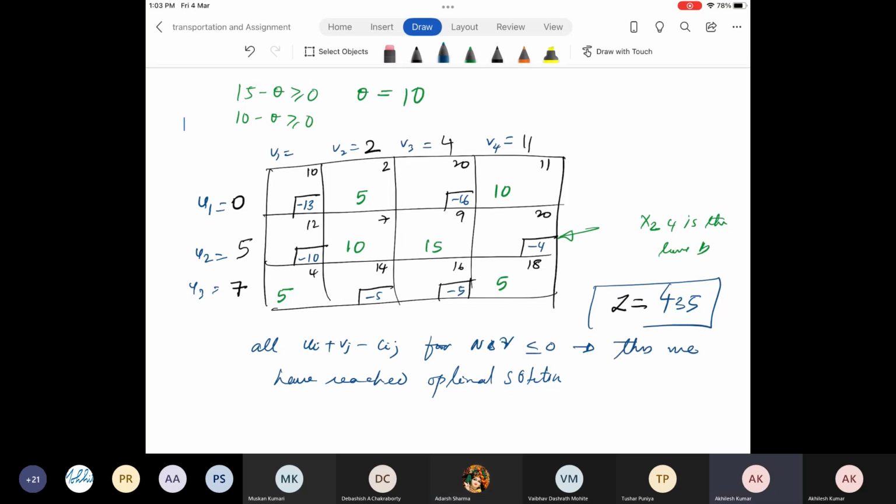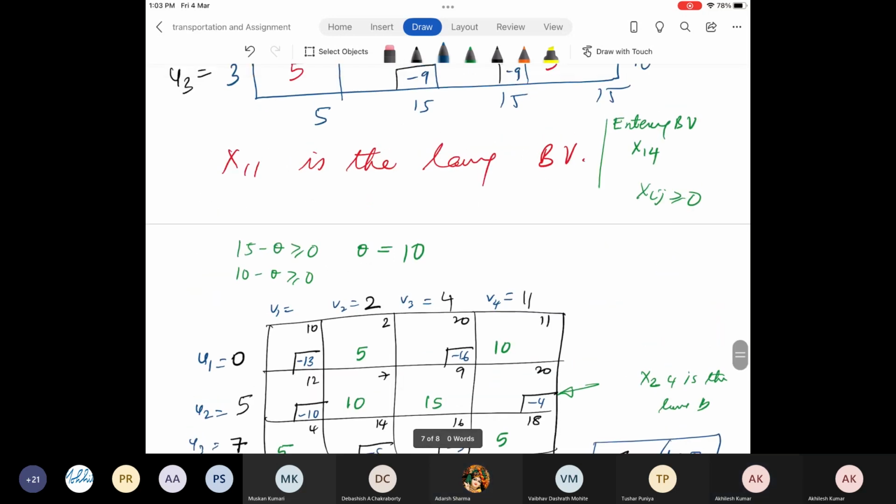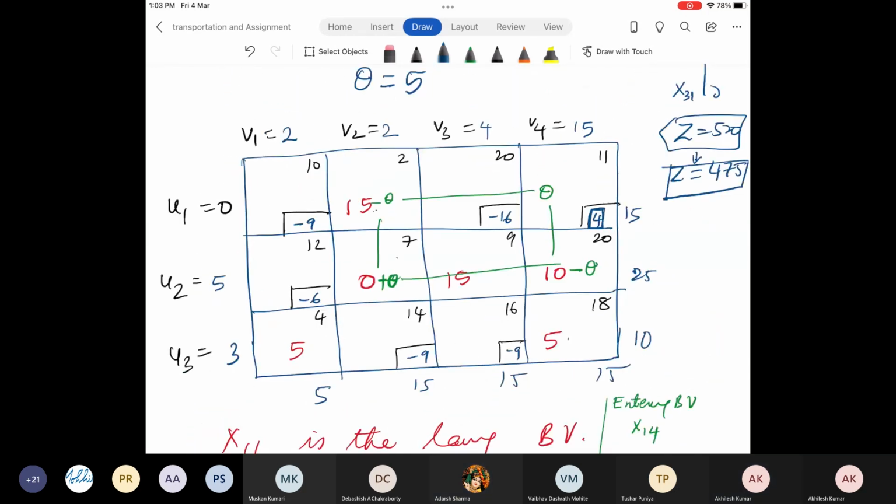Hello, sir. So in the above iteration, the row 2 and column 2 also became 0 here. Why didn't we consider that? Can you tell me the row and cell number so that I can understand?